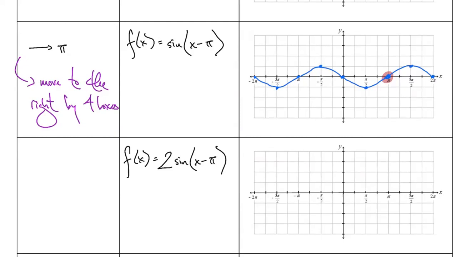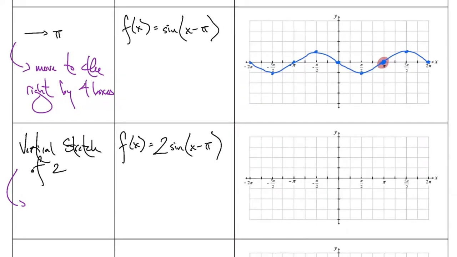Yeah, it is a vertical stretch of 2. And what does that mean in terms of my graph? Like when I'm gonna draw my graph, what should I be thinking that 2 does? Great. I love the use of that vocabulary too. Amplitude is 2. All right. Great.